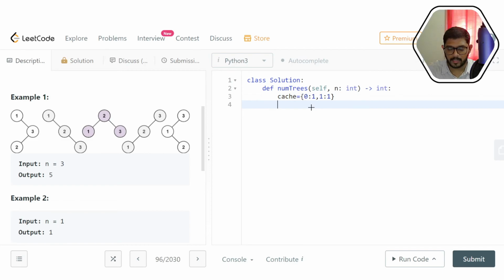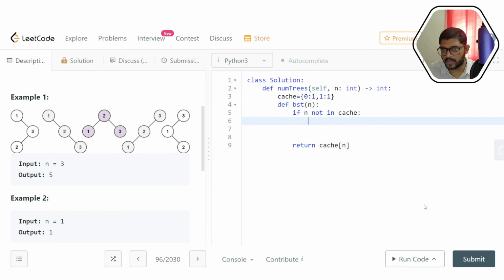And then we are going to define this function bst of n. The first thing we are going to see is if n is in cache or not. Only if n is not in cache, only then will we actually apply the function. Otherwise, we'll simply return the stored value.